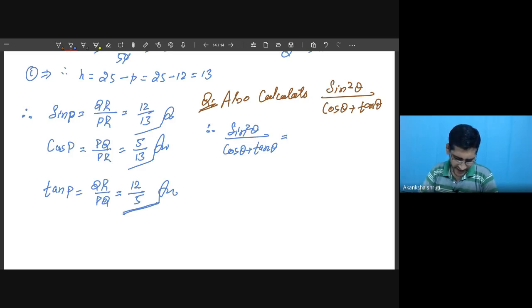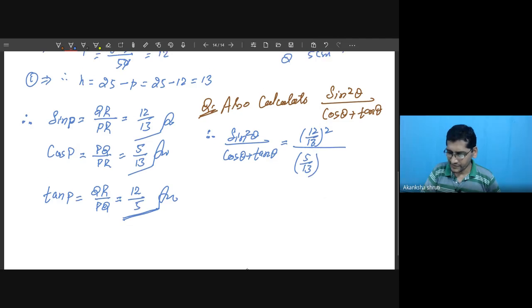Sin square theta, it is our 12 by 13 square divided by cos theta, but cos is not a square, so that we have to take care. It is 5 by 13 plus the tan is our 12 by 5. So this way you can simplify this.